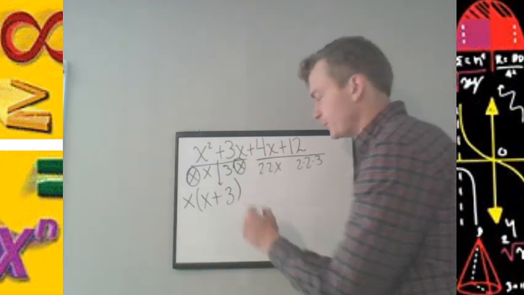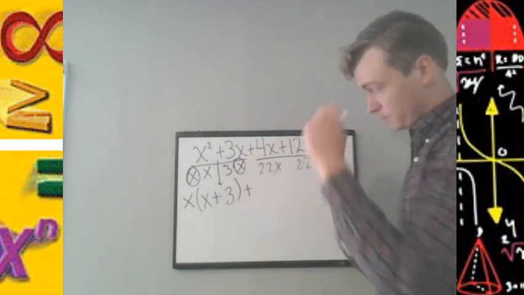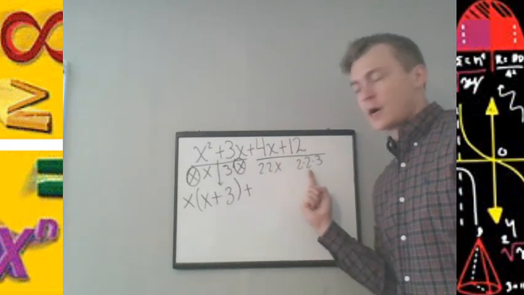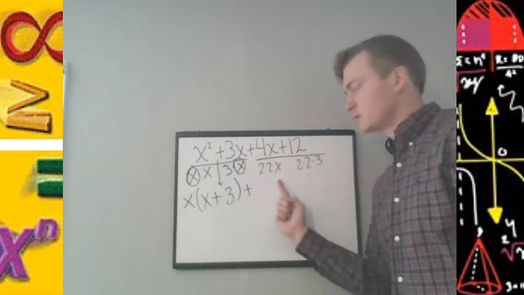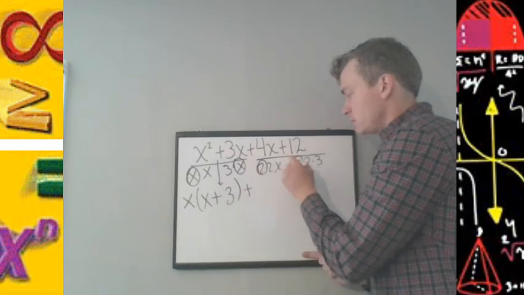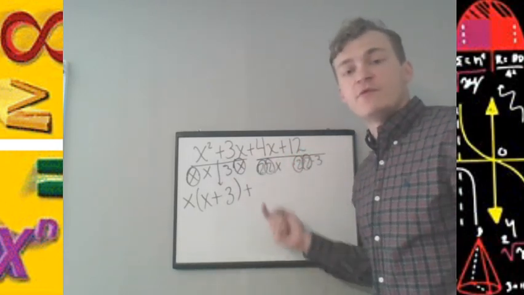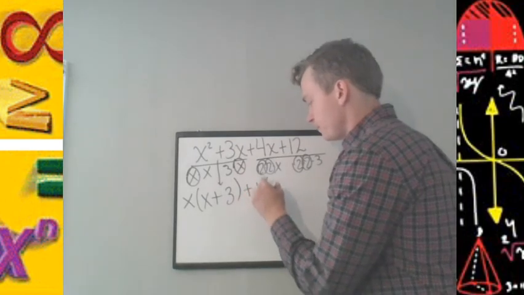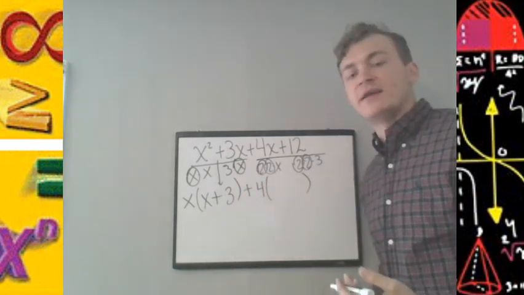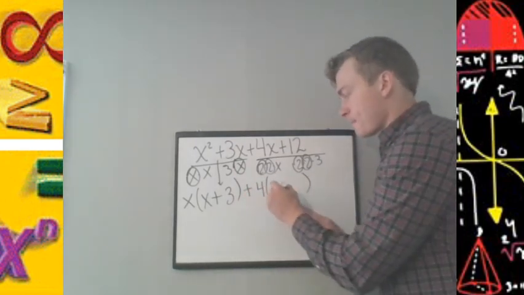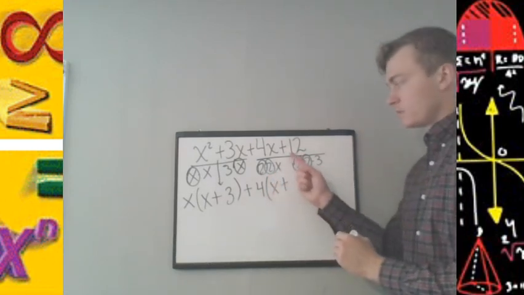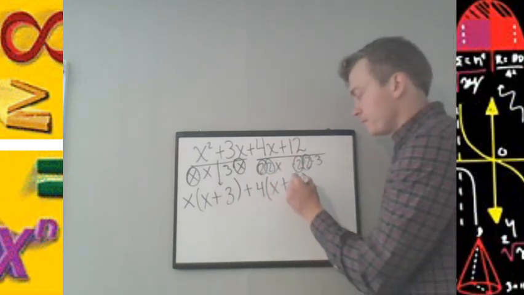Go ahead and just bring that down. Common factors for these 2 terms: we have 2 factors of 2 common, which is just 4. Now what do we leave behind here? An x and a 3.